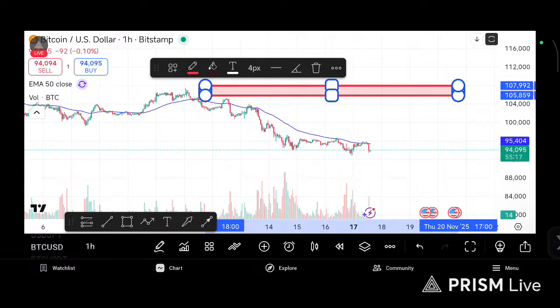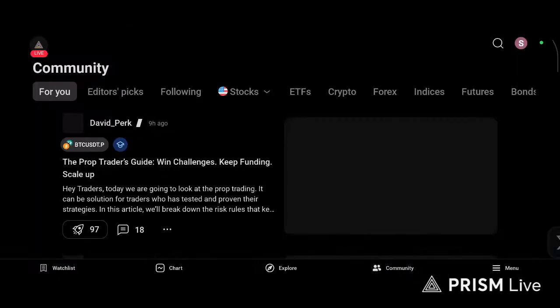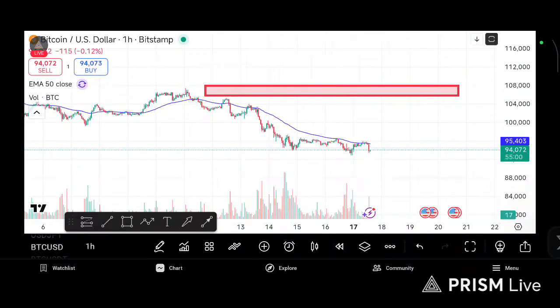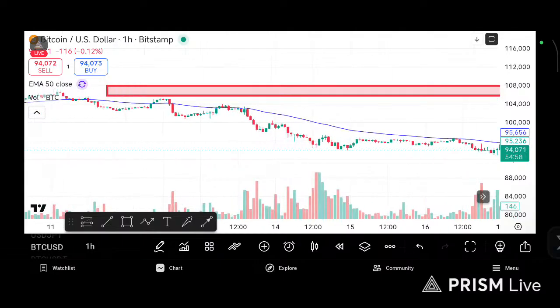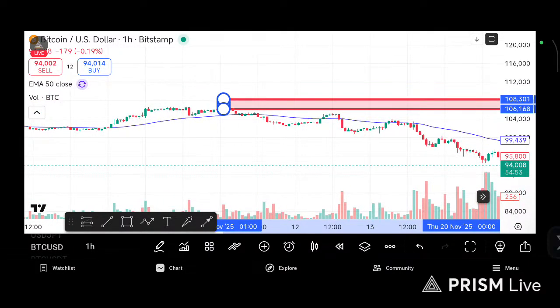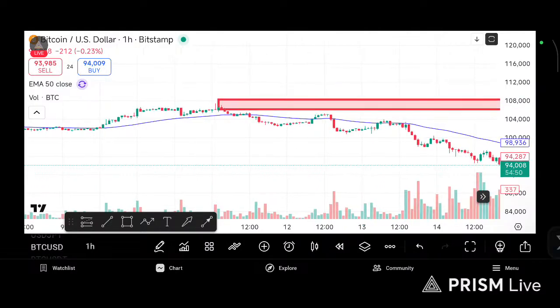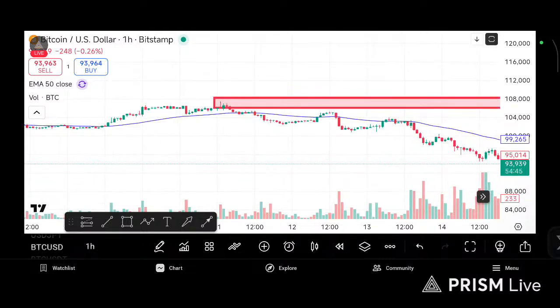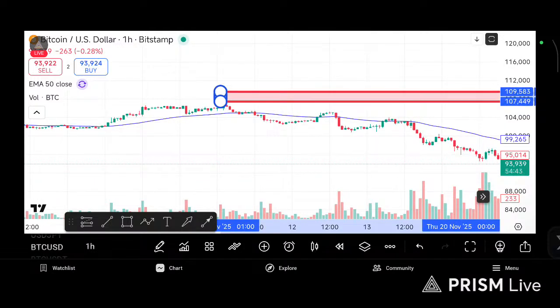So the order block for a sell projection is the last buying candle, the last green candle, before the market started trending downward. And the last selling candle before the market goes up is the last bearish candle, this red candle here.